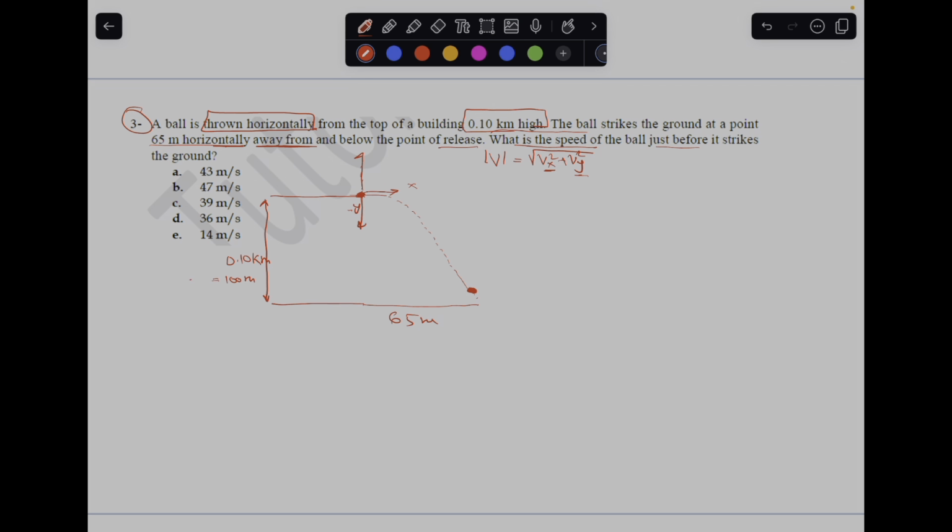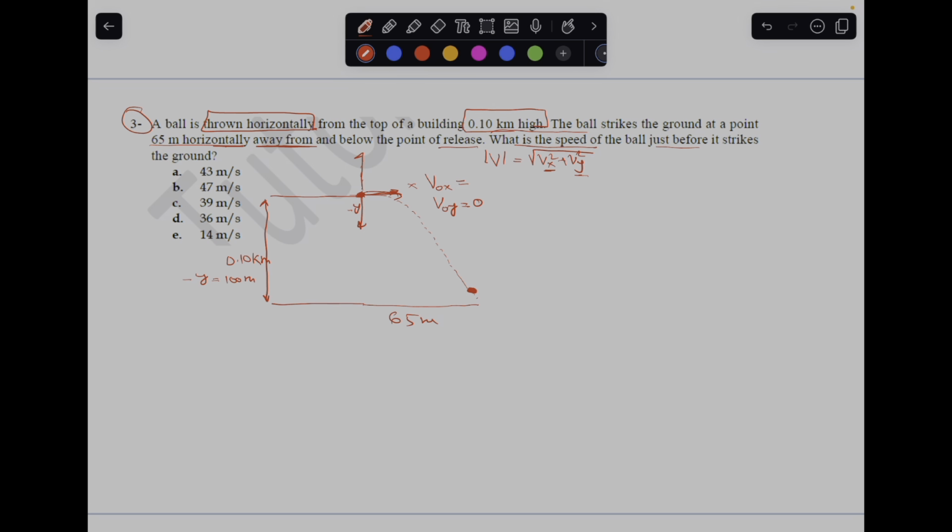The ball is thrown horizontally, so v naught of x is a component of velocity, but the y component is 0.